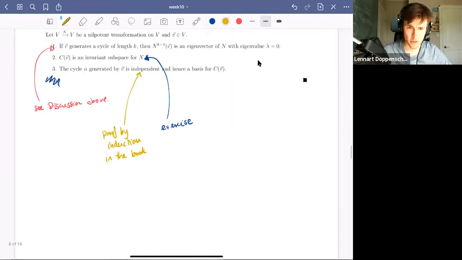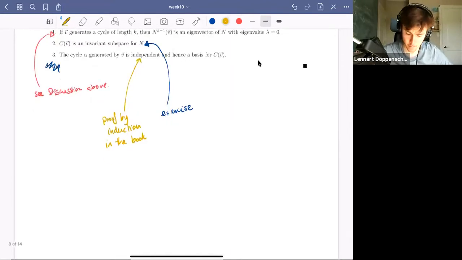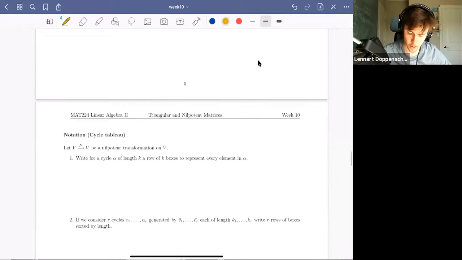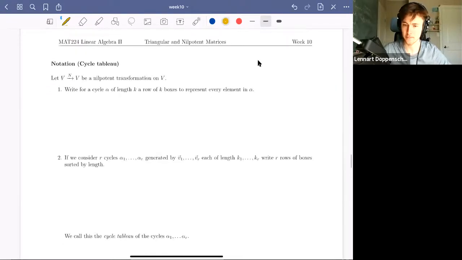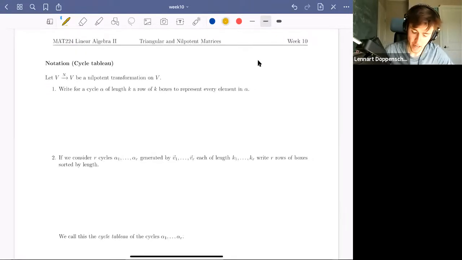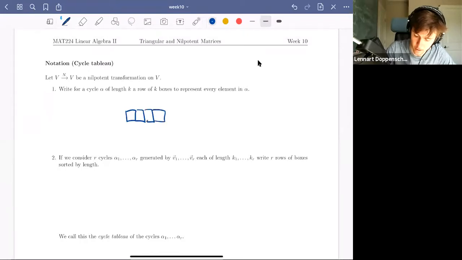Okay, so I plan to go about 5 minutes over time because I want to introduce you to a notation that's going to be very important for this section. When we have a cycle, as just seen in the example, and it has length k, then we just write k boxes for this.